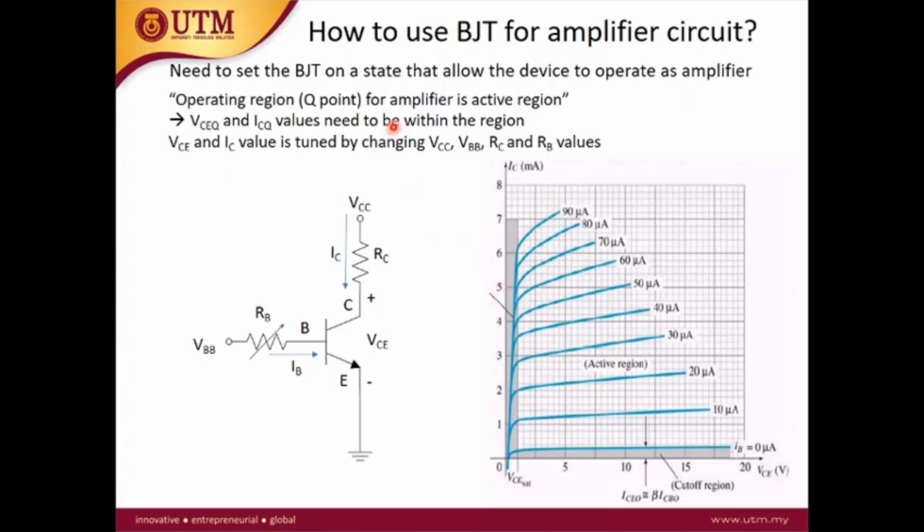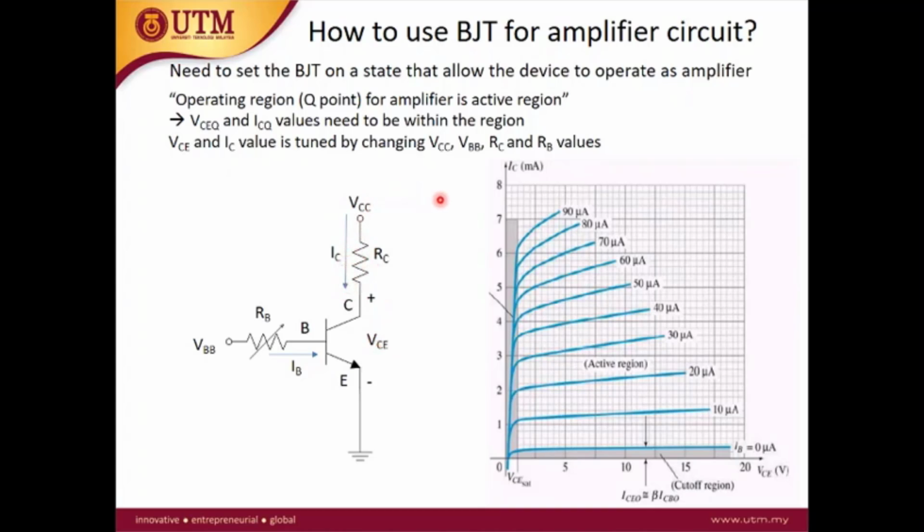It was stated in the previous topic that the suitable operating region for amplifier application is the active region. So we need to make sure that the VCE and IC of the BJT are within this active region. How can we control the VCE and IC values?